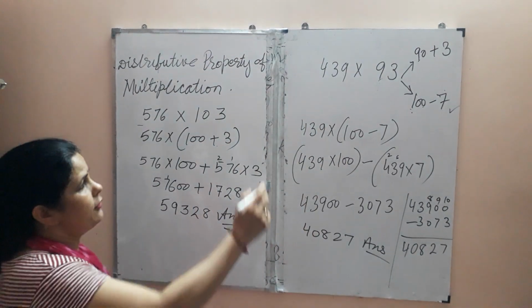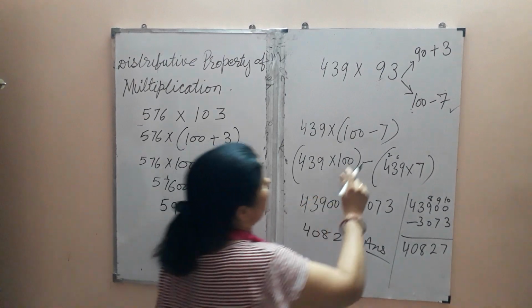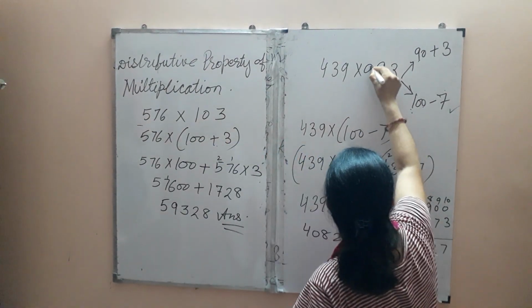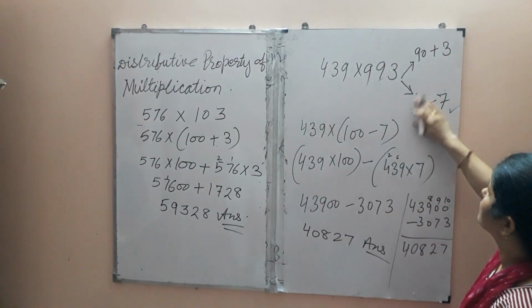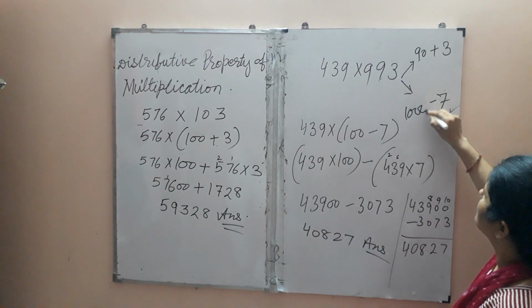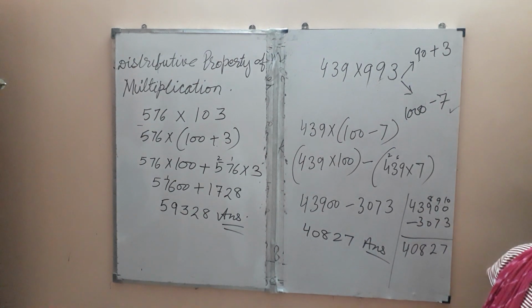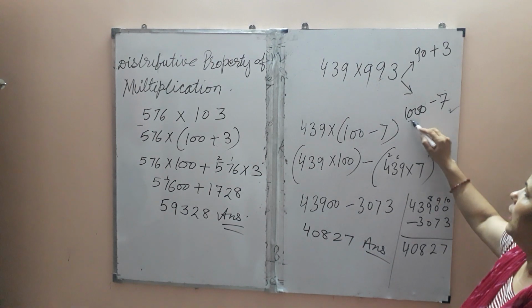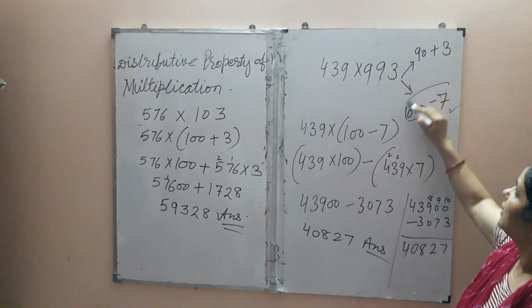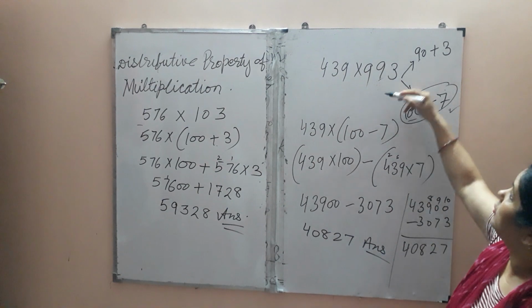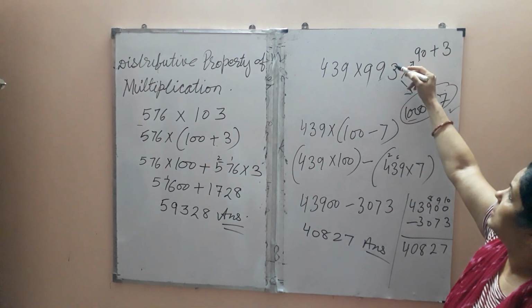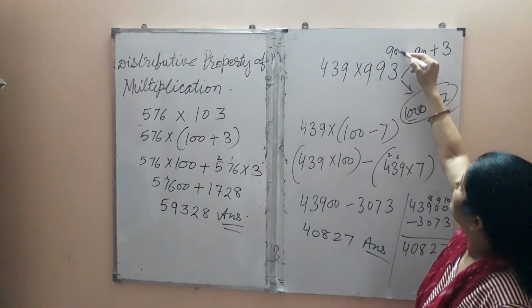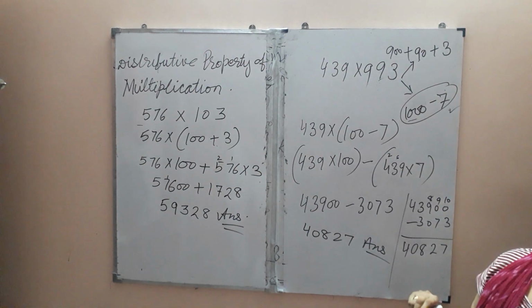Understood, children? If in place of 93, it can be 993 also. In that case, what will we do? 1000 minus 7. Got it? If it is 993, then we will distribute it by subtraction. If we distribute it by addition, then it will be 900 plus 90 plus 3.